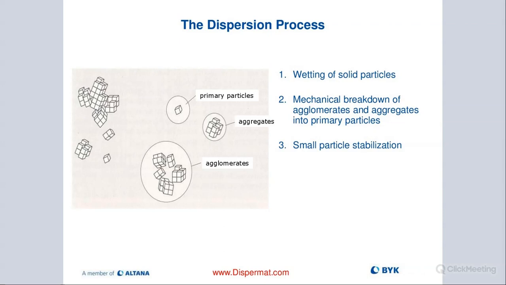This slide, I think, is really well done. It explains kind of what we're doing. So we have these larger blocks, like over here, these cubes, and they're fused together. These are basically primary particles that are all clumped in larger clusters. We call these large clusters agglomerates.